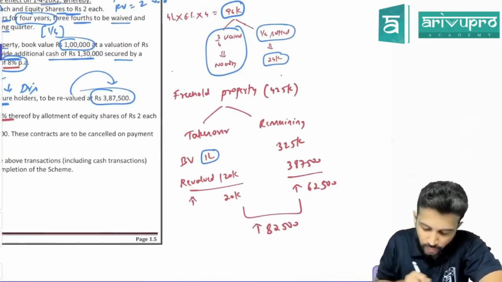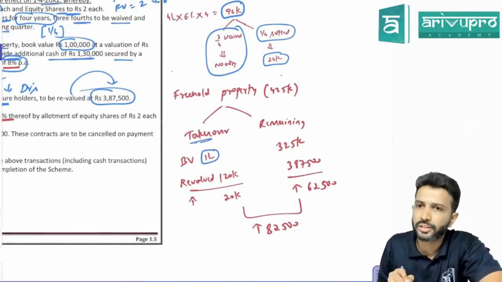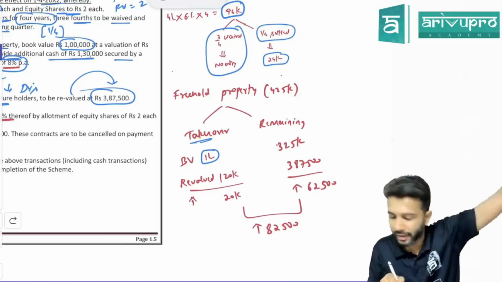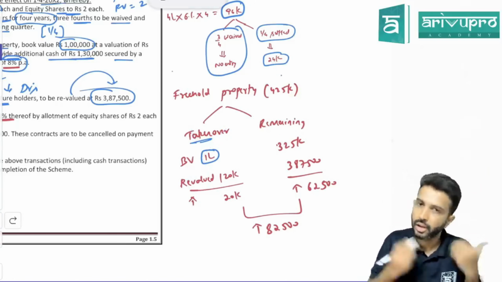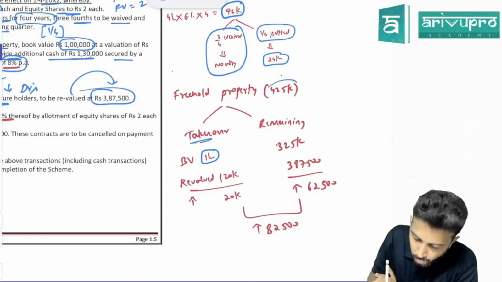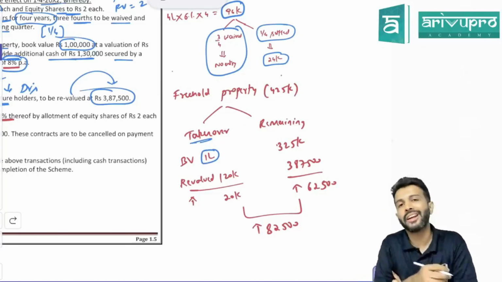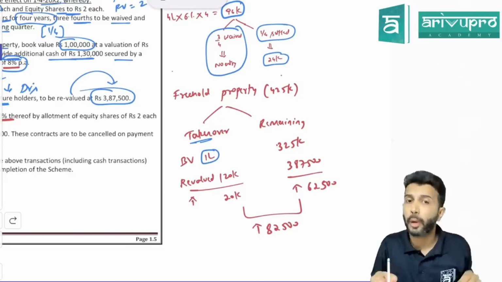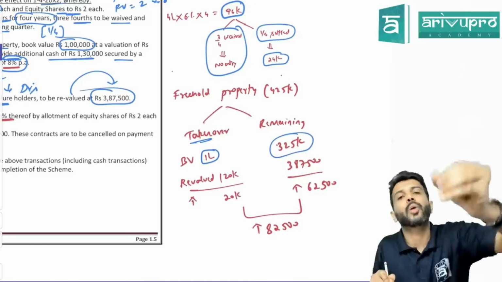Sir, in this 425, book value worth 1 lakh was taken over by the debenture holders. Have they already accounted for this or is it pending? Already done. Now in this 425, 1 lakh book value is already taken over, so how much is remaining? 325. So the value of freehold property remaining with us is 325.